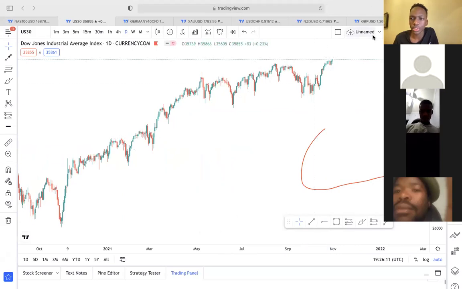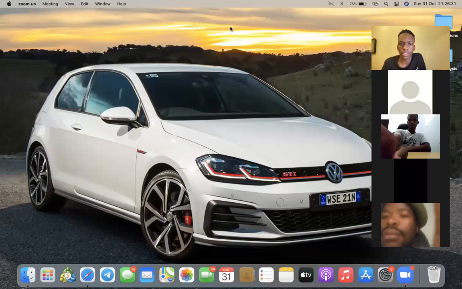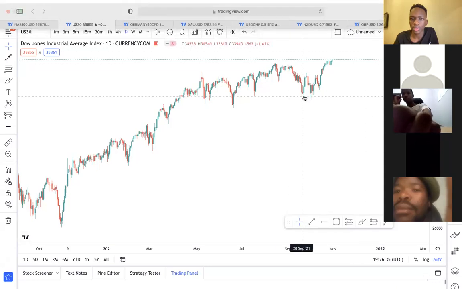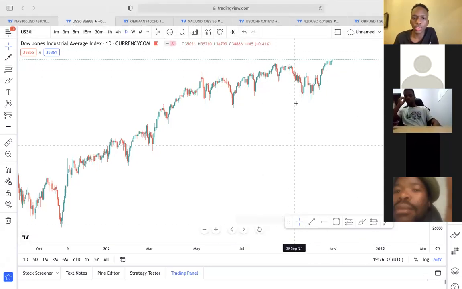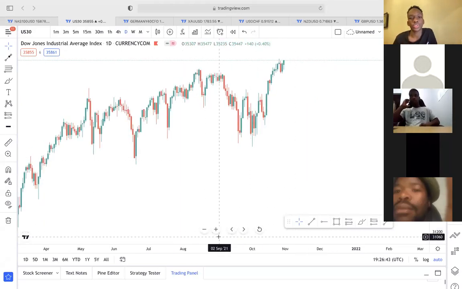When zooming out, you obviously draw in your US 30. US 30 has been moving sideways, so we can't really connect our higher lows and higher highs.